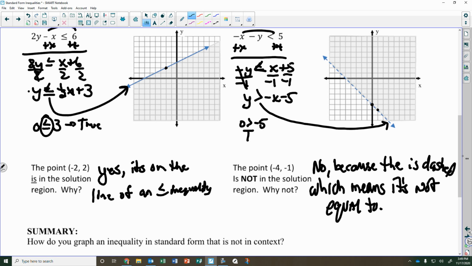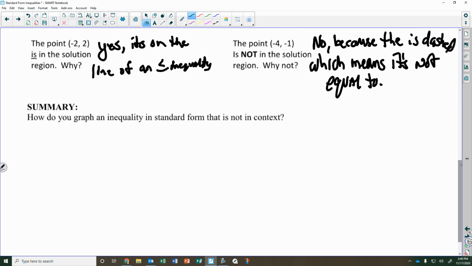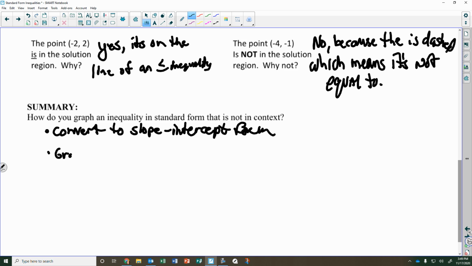Okay? So to summarize, how do you graph an inequality in standard form that is not in context? Well, you want to convert to slope-intercept form. And then, once you do that, you're going to graph the y-intercept and the slope.